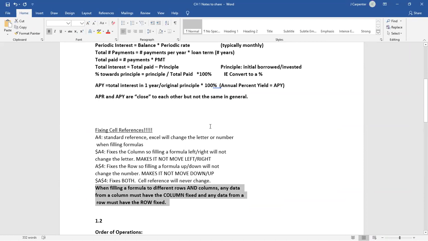Any data from a row must have the row fixed. We're going to talk about that sooner than later, but I think your second Excel homework is going to have this issue. This is going to be a pretty common issue in about half the homeworks, maybe a third of the homeworks. But let's not throw too much at you all at once. So let's just practice with the fixed cell references.